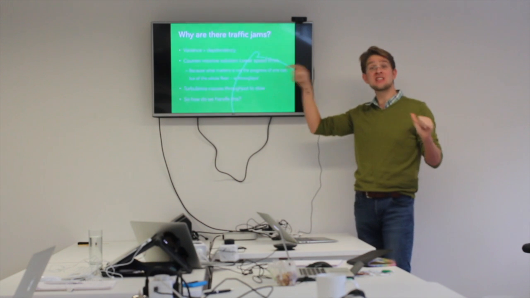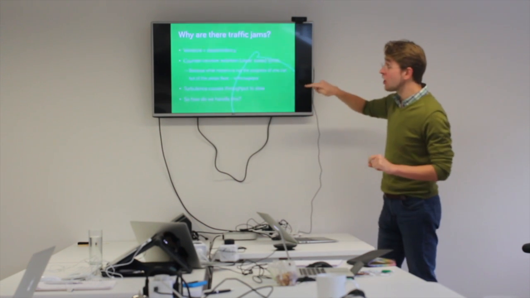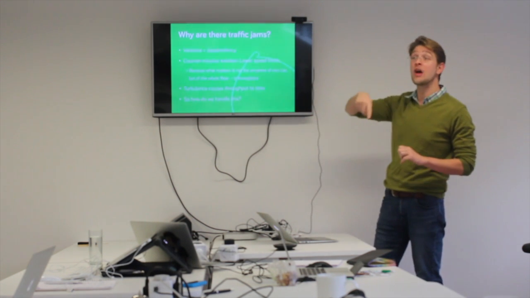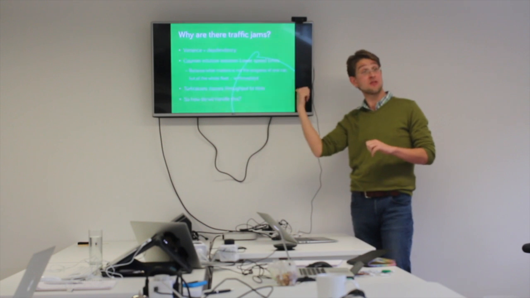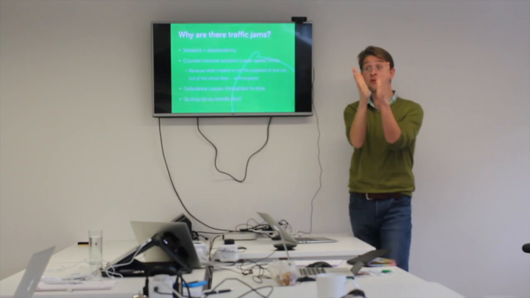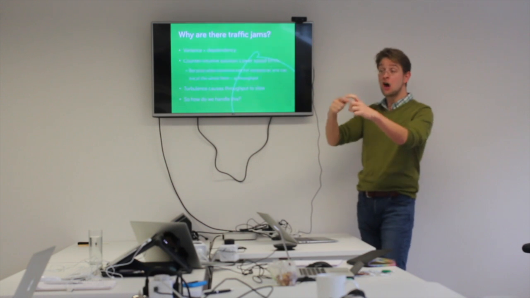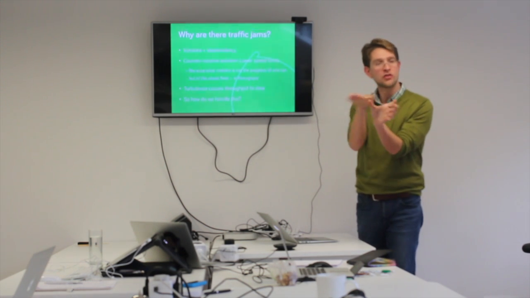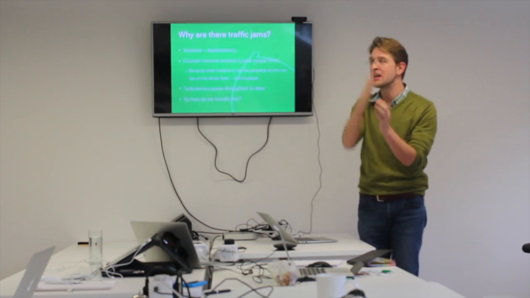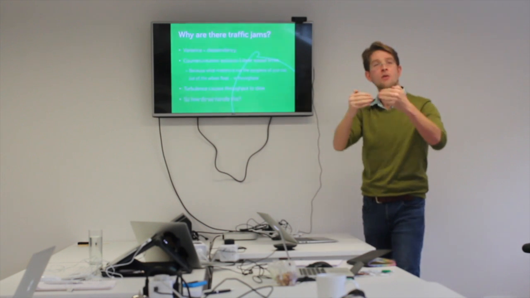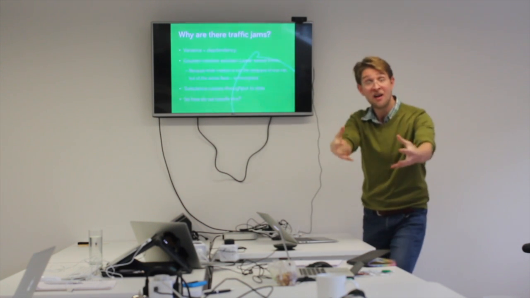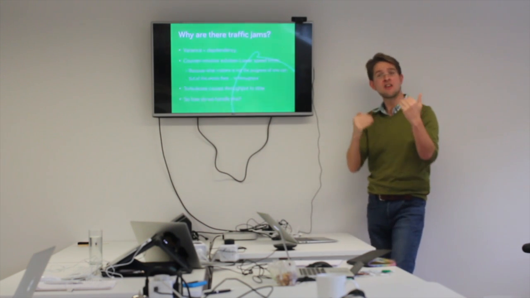Now, the thing that happens here is because these things are not independent, right? In the case of the cars, it's a single lane road. They can't pass each other. So you have the one car in front that's going to vary across its normal distribution around the mean, but sometimes it's going to be slower. Right? Now, if you're the car behind that, you're going to be varying as well.